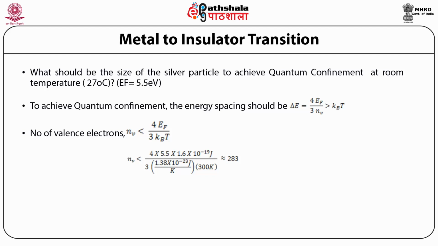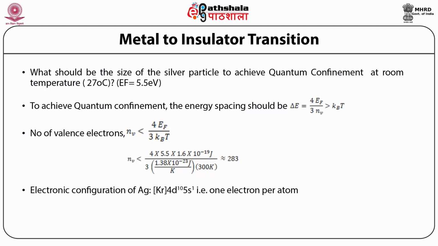Now putting the values of EF, that is 5.5 electron volt, to convert it into joules, we multiply it by 1.6 multiplied by 10 to the power minus 19, and putting the value of kB as 1.38 multiplied by 10 to the power minus 23, and the temperature as 300 Kelvin.